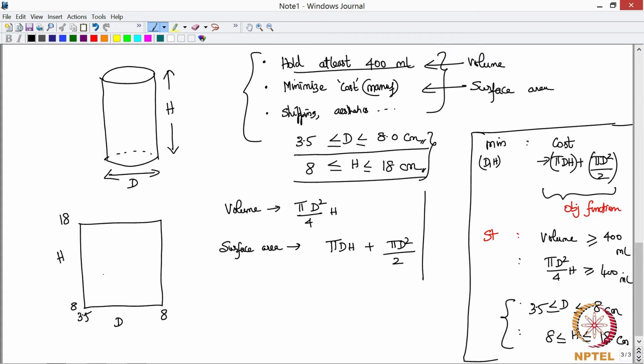If I draw the contour of the volume on top of this, wherever it is greater than 400, my optimum will lie only in that region. It is likely to lie on the curve, but only on the other side of it. So, that is called the feasible domain.